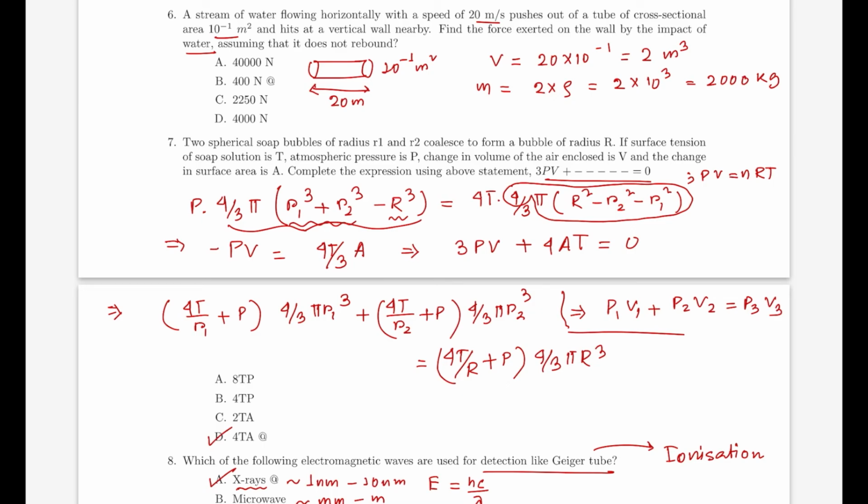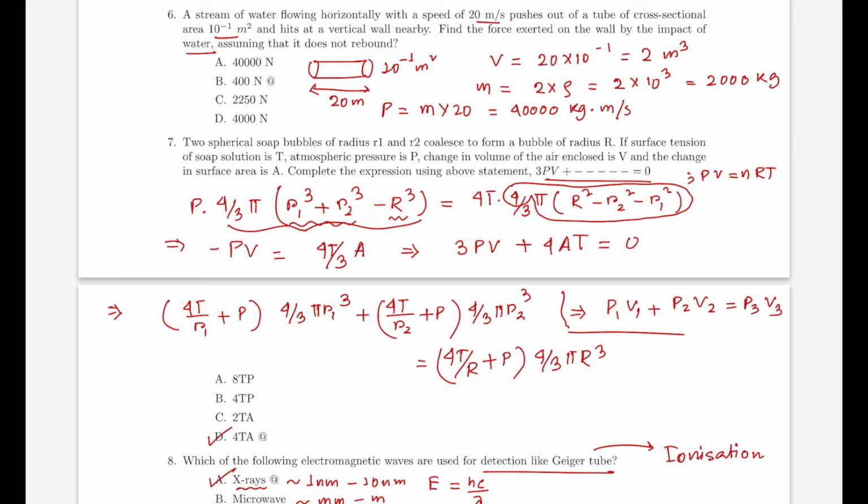So the momentum coming out is m into 20, which is 40,000 kg meter per second, right?